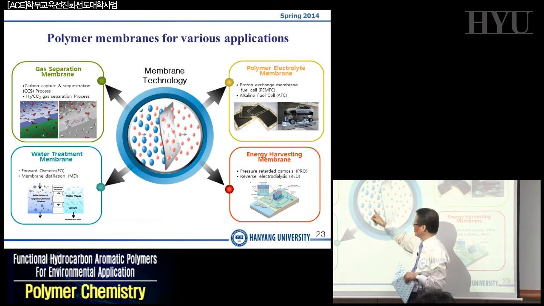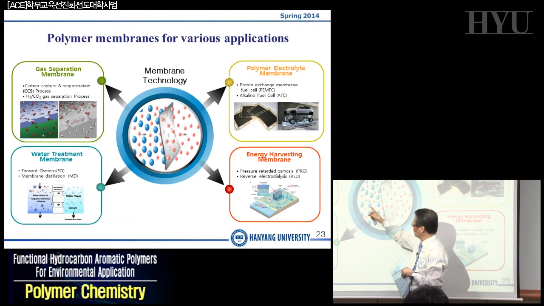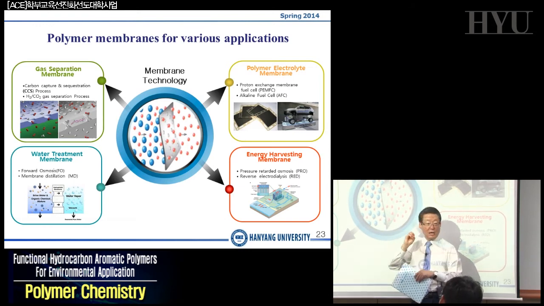The size of oxygen is about 3.46 angstrom, whereas nitrogen is 3.64. The 4 and 6 are flipped over. So you have only about 5% difference between the sizes of oxygen and nitrogen.